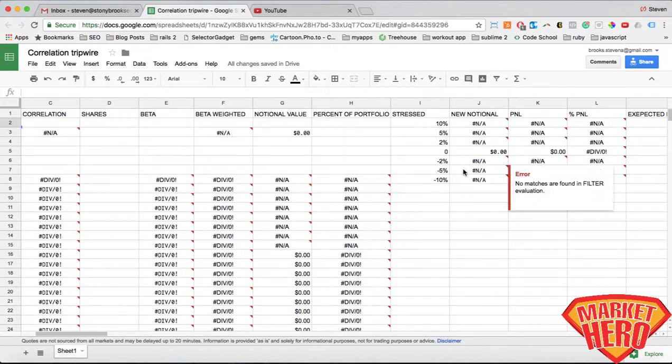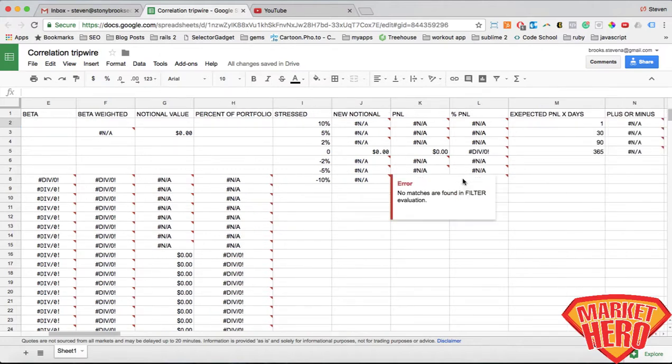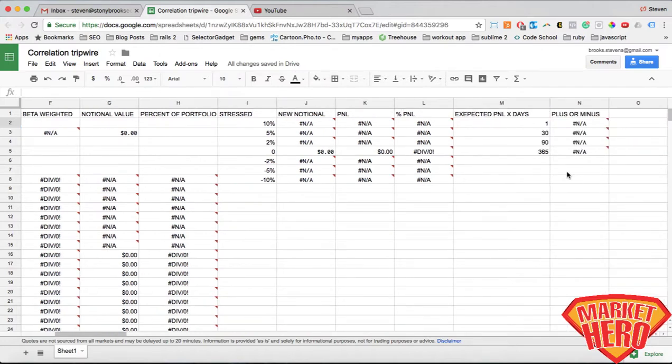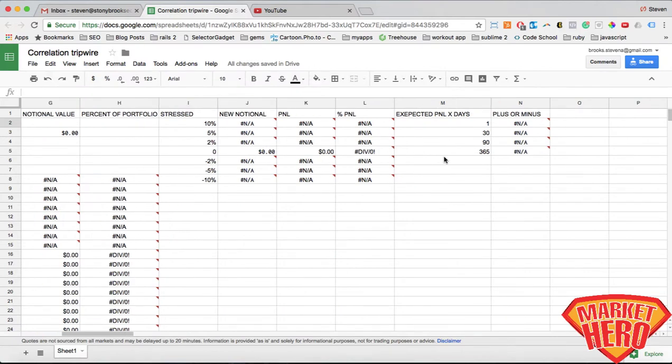What can we expect to happen if the market goes up 2%, up 5%, up 10%, down 2%, down 5%, and down 10%? And at the same time, based off of the expected move of SPY and the positions that are beta weighted to SPY, how much can we expect to lose in the next 1 day, 30 days, 90 days, or 365 days?